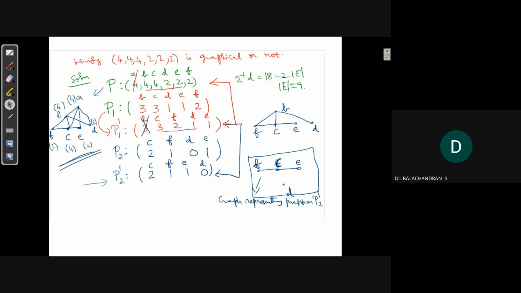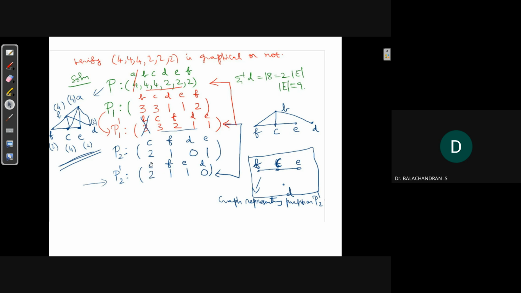I'll take this 3 and subtract 1 from each of the first 3 elements. So 2, 1, 0, and then put 1. Again, write in descending order: 2, 1, 1, 0.